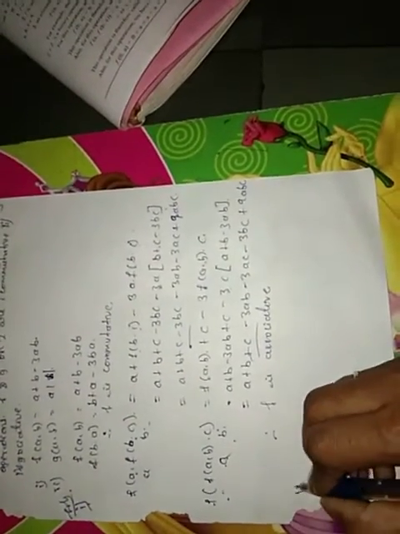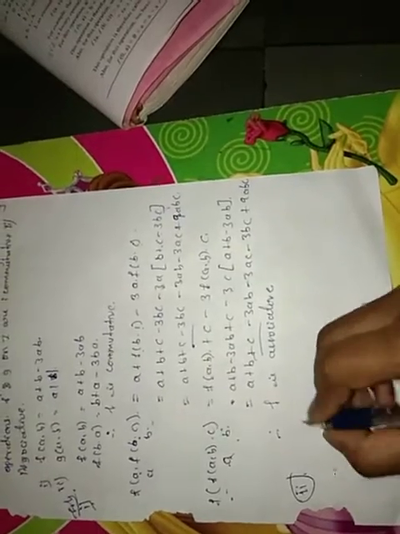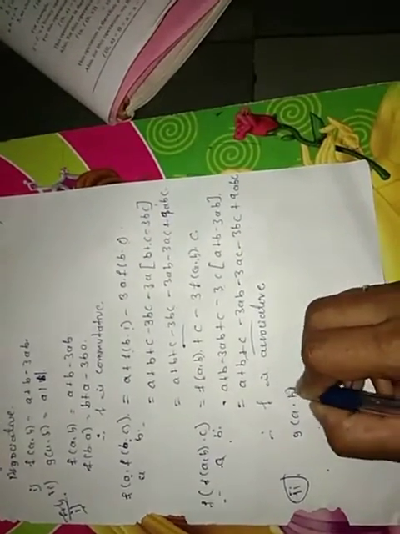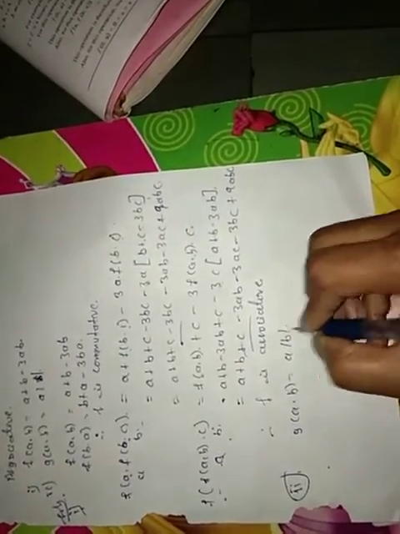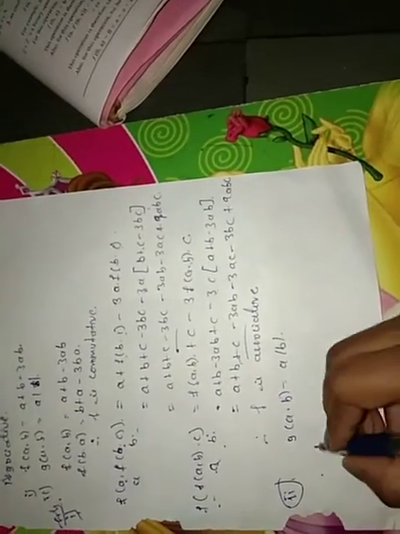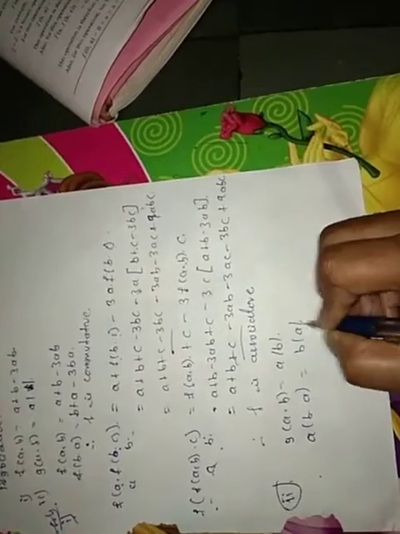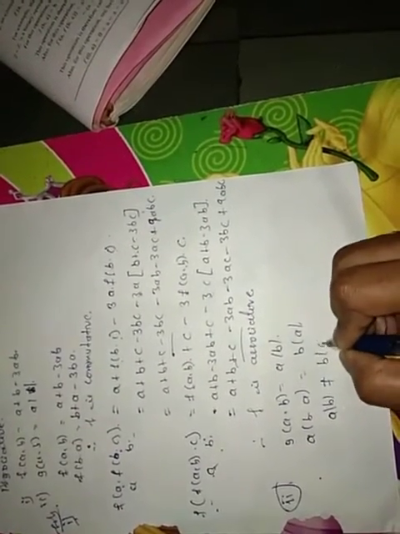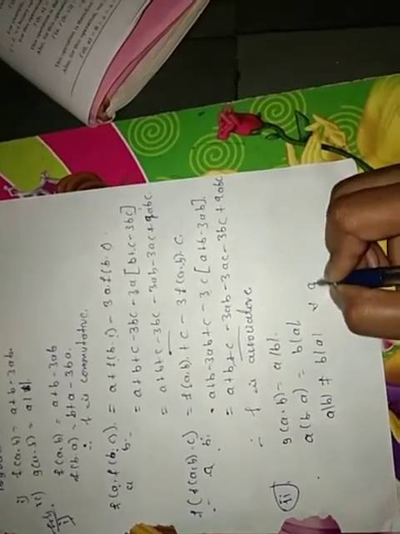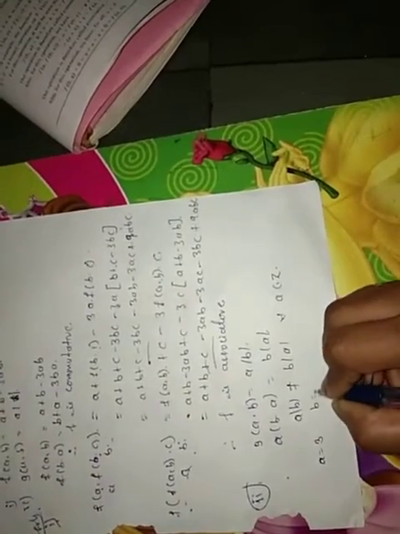Now come for the second function, that is g of a comma b equal to a into mod b. Then g of b comma a equal to b into mod a. But a into mod b is not equal to b into mod a for all a belongs to Z. For example, suppose a equal to 3, b equal to minus 1.